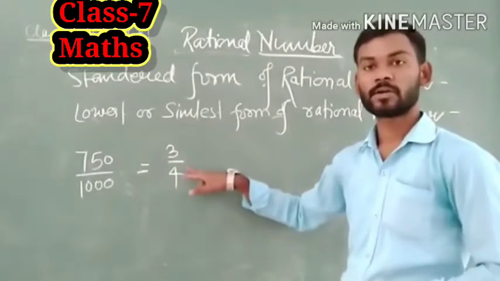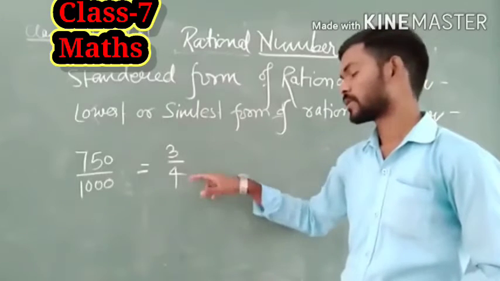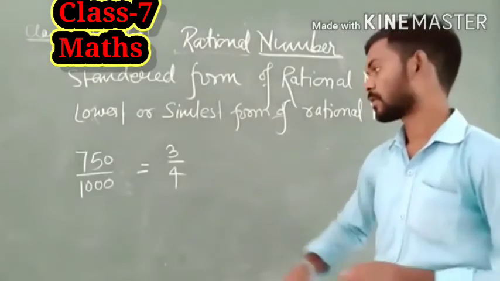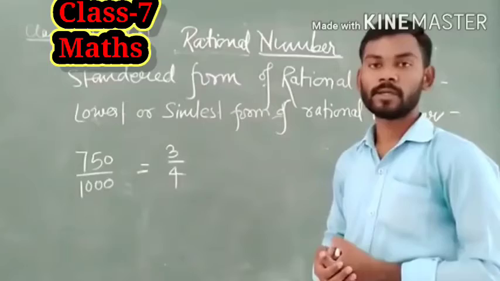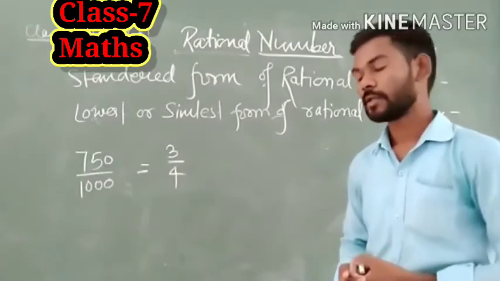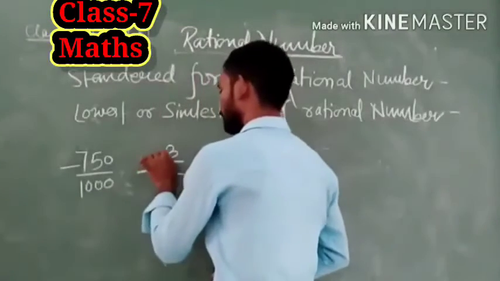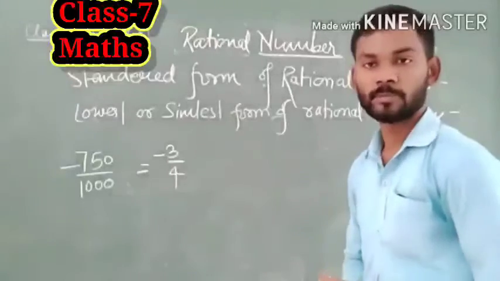In this fraction, or in this rational number, we can see that it has no common factor. Therefore, this is the standard form of rational number. If I put a minus here, then it is necessary that we keep the minus sign in the simplest form.